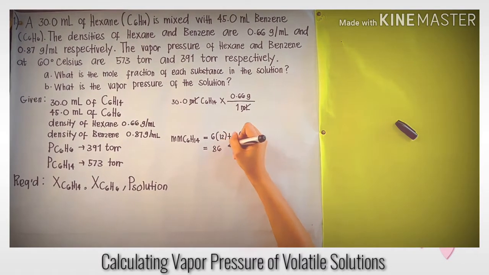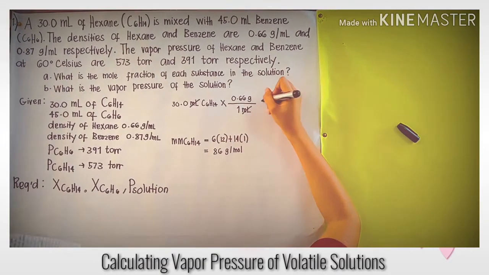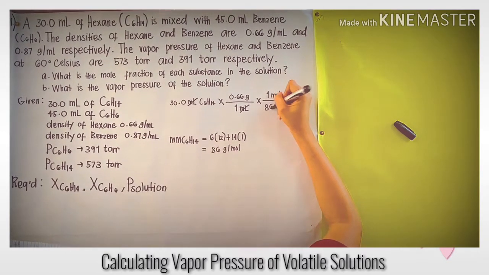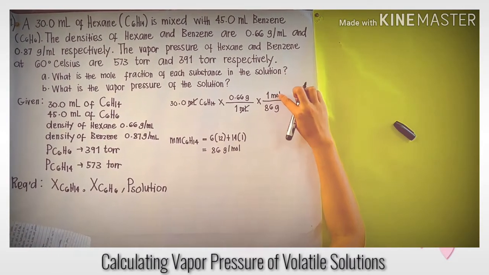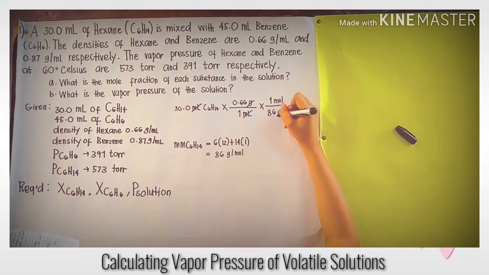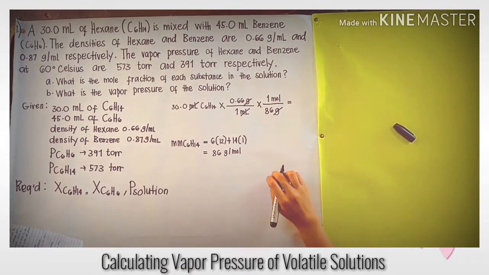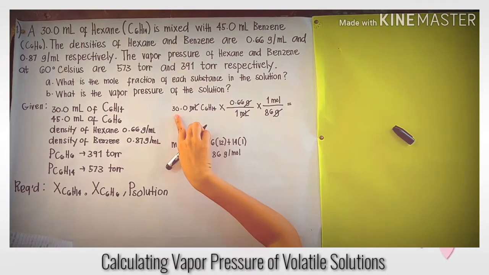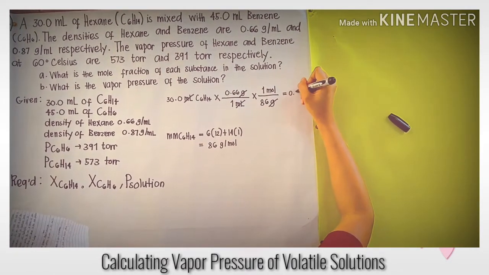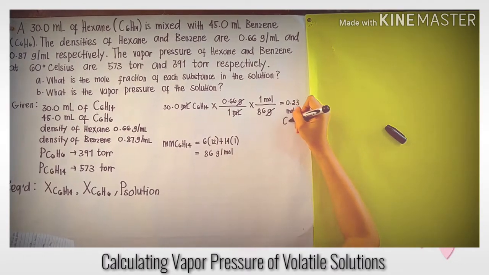Molar mass of hexane is 86 grams per mole, and put that in the next fraction. So 1 mole of C6H14 has 86 grams. Now cancel the unit grams and then calculate. So 30 multiplied by 0.66 divided by 86, and so this is going to be 0.23 moles of hexane.